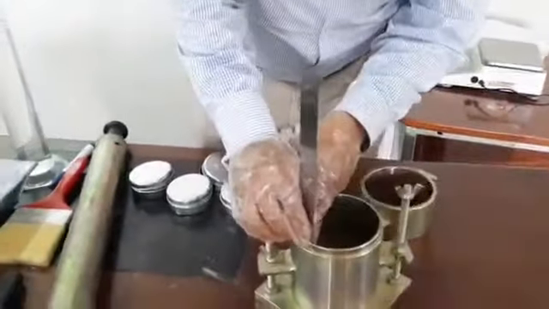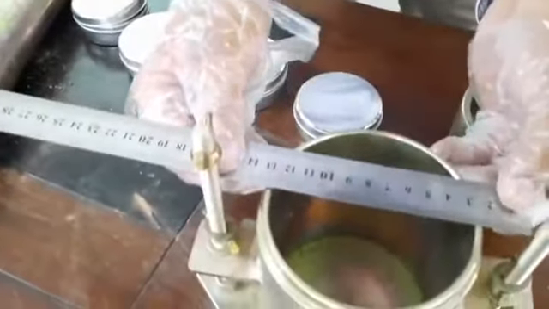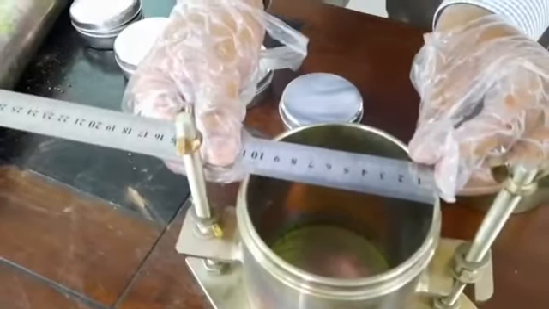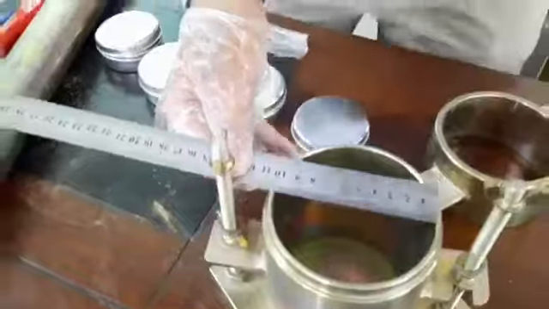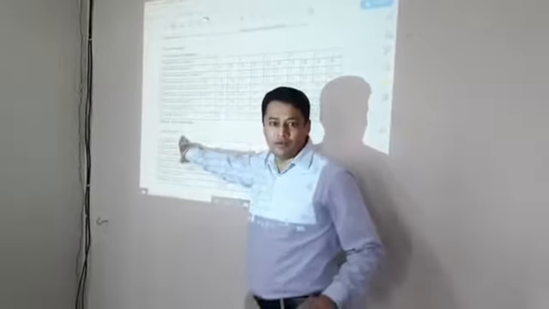Measure the depth, 11.5 centimeter, and from the central point measure the diameter, it's 10 centimeter. Okay, and use the formula of cylindrical volume, area of circle, pi r squared, into depth of the mold. In this way we will calculate the volume of mold, and written it over here 944 cubic centimeter. This is the volume of mold.